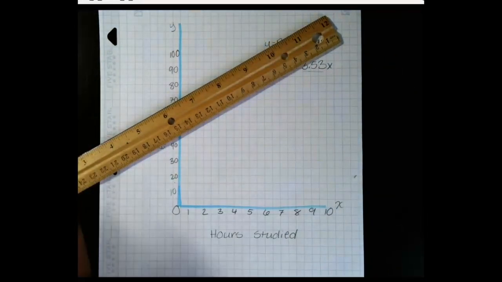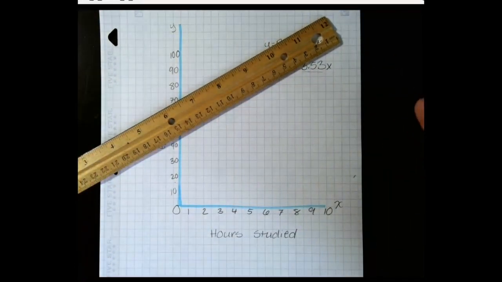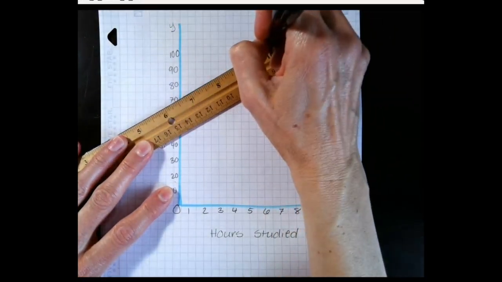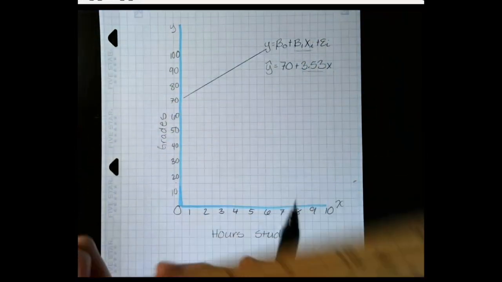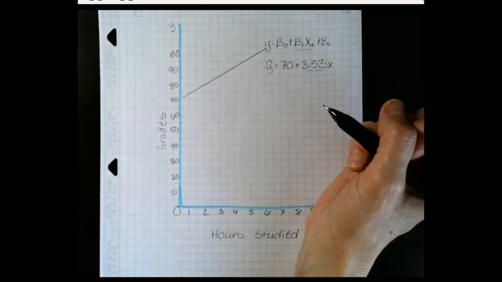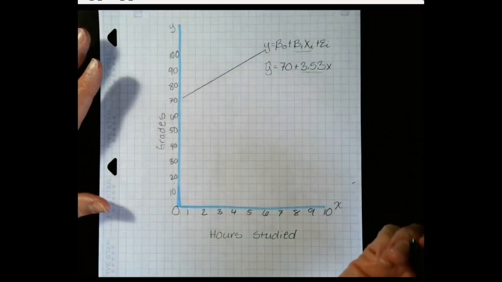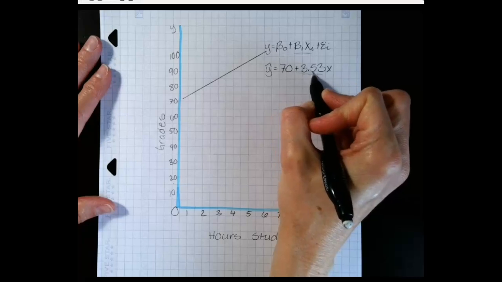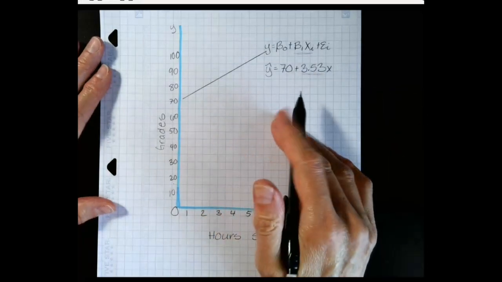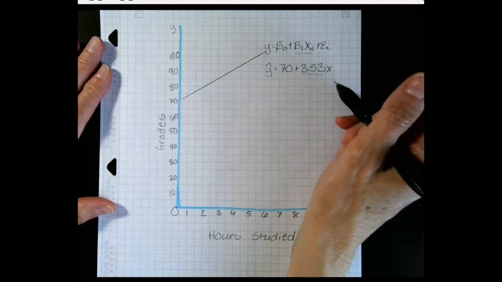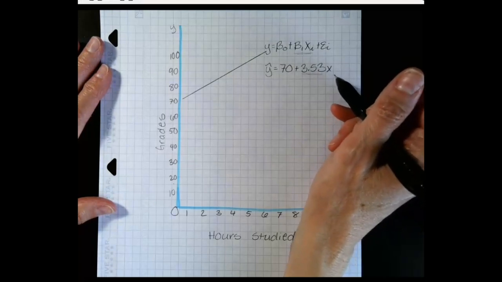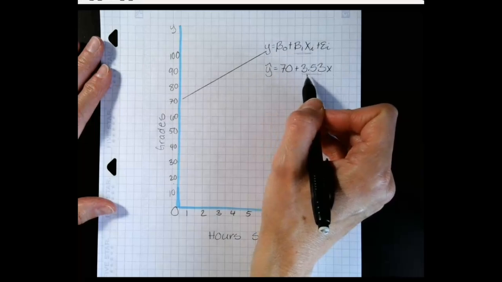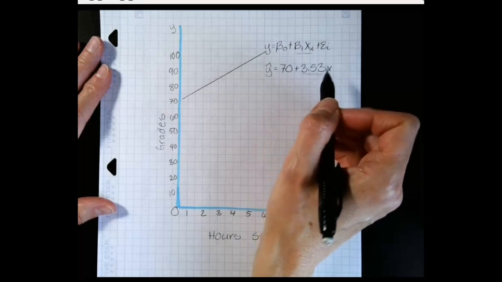So I'm going to draw a completely imaginary line, well, the line is not imaginary. I'm going to draw a line where the slope is not going to be to scale. But let's just say that our slope is that 3.53. What that's telling us is that for every additional hour studied, our grade will go up by 3.53.